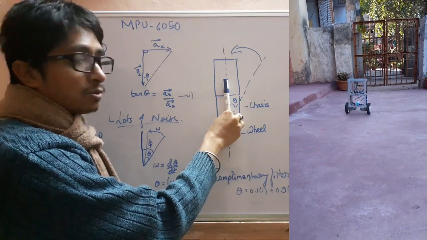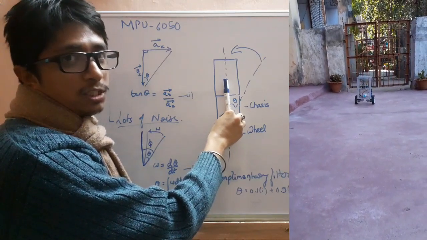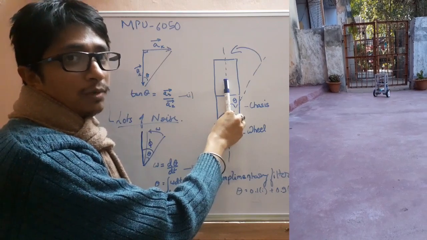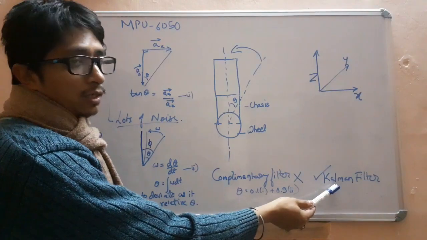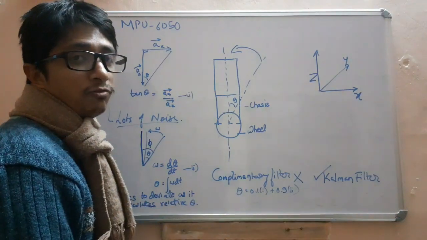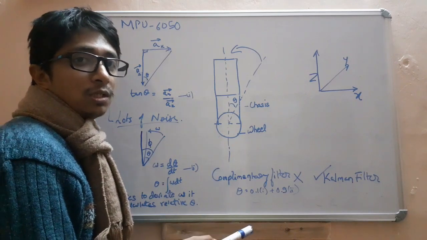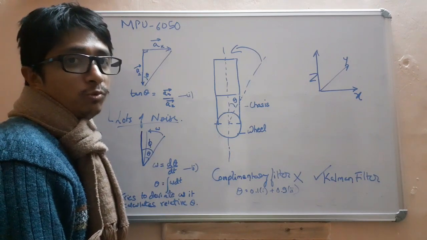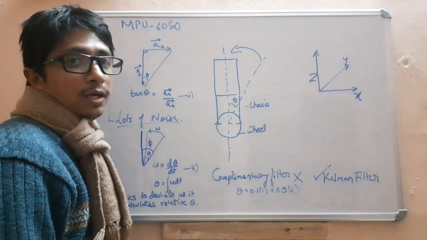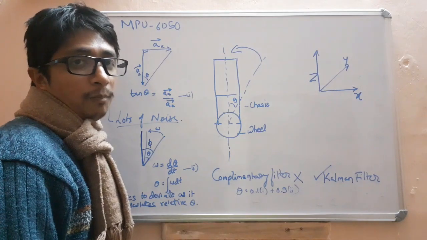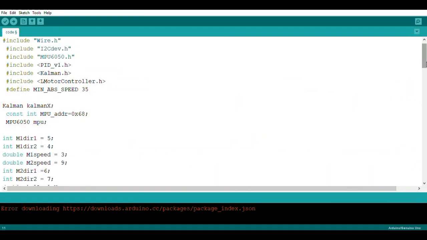Then once it comes back to the original position, the value of theta should be 0, but it will never be 0 because there will always be some error. So in this video, I am using a Kalman filter instead of that. But instead of explaining what a Kalman filter is, I will be showing how to use it in our program, because there is lots of literature on the Kalman filter on the internet and it is very complex with respect to the complementary filter. Now let's have a glimpse of our program.